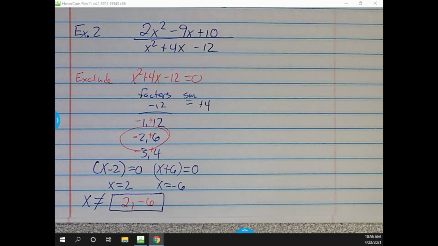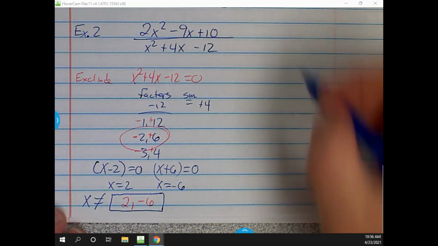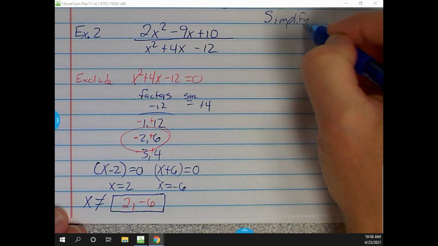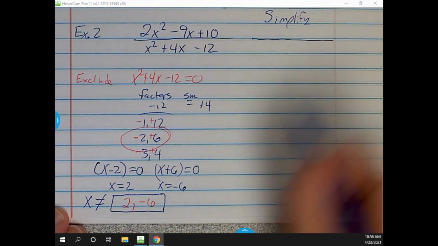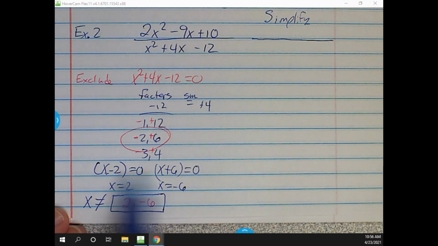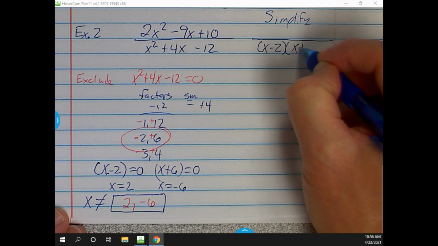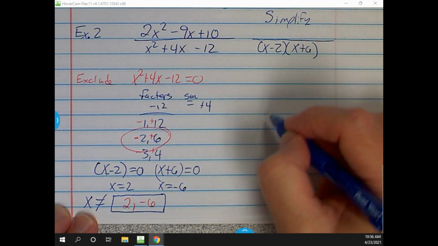All right, and again, when we simplify it, two things you're going to have to do: you've got to factor the denominator and you've got to factor the numerator. We've already got the denominator factored here. So that was x minus 2 and x plus 6. Now we just need to factor the numerator.